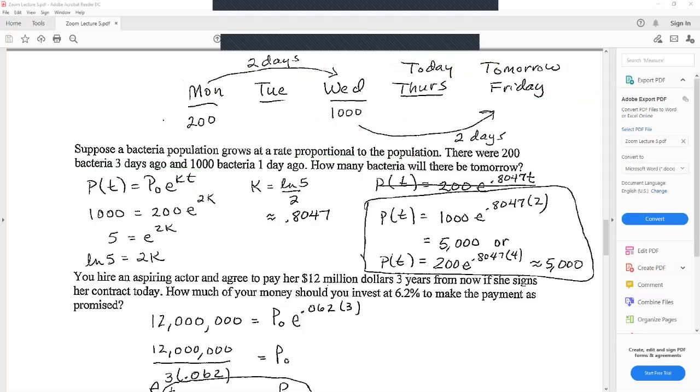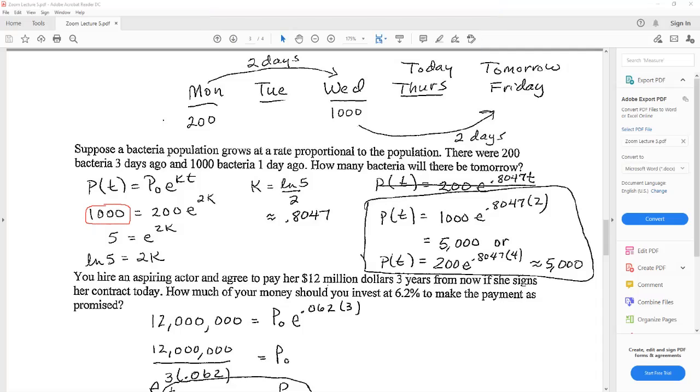I know that I had 1,000 bacteria after 2 days. 2 days after I took my initial measurement of 200, right?